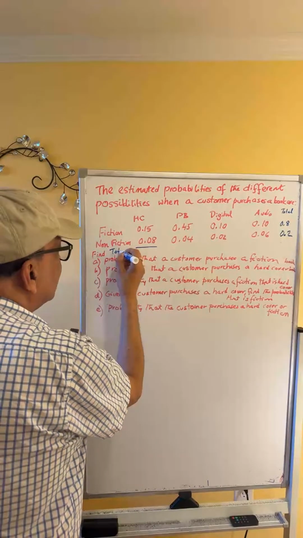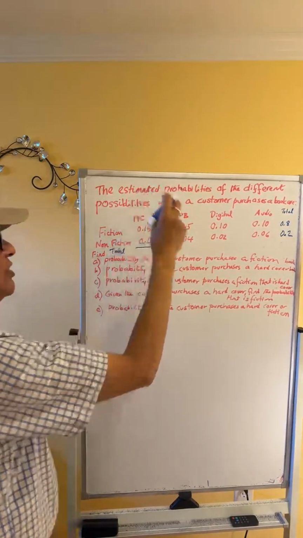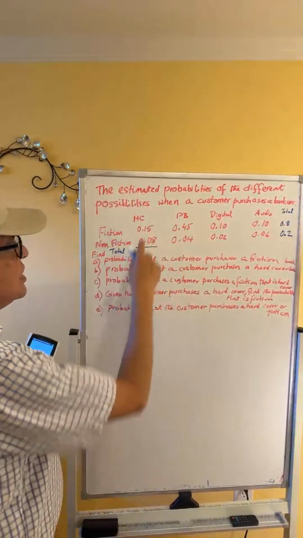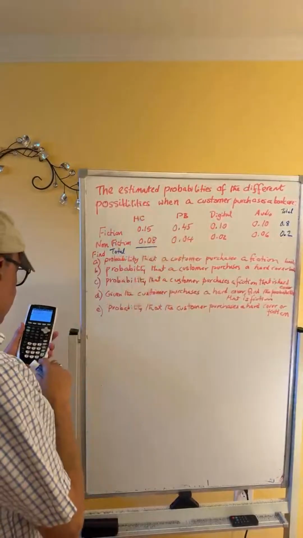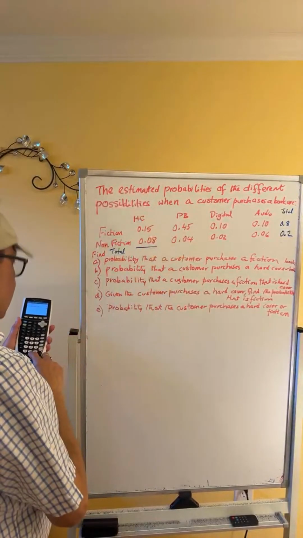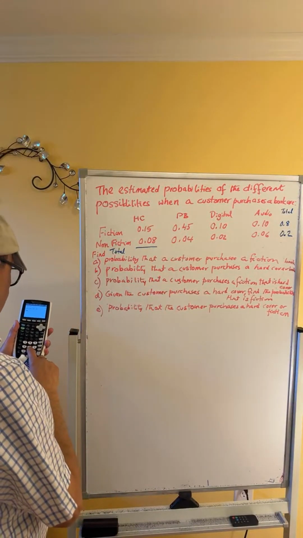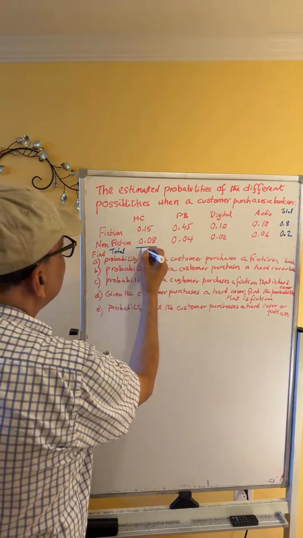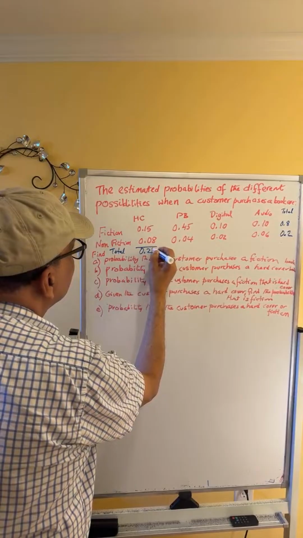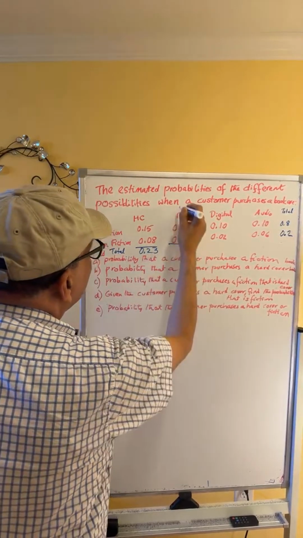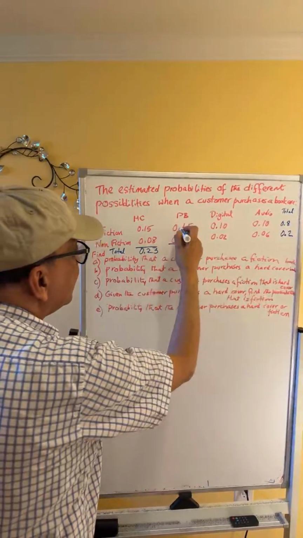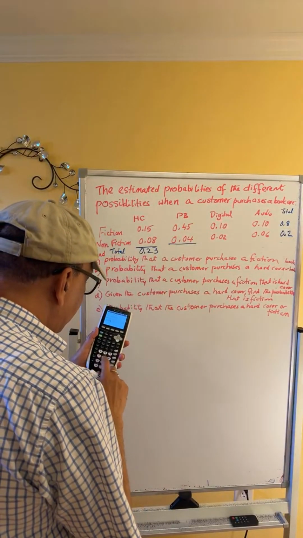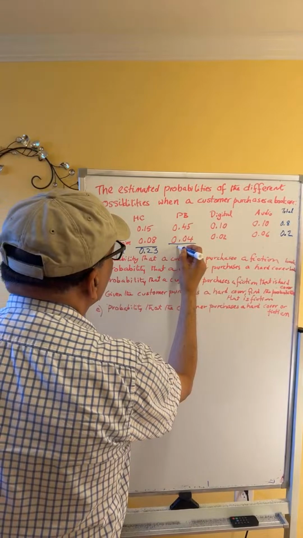Each column has two entries, one for fiction and one for non-fiction. The first one is 0.15 plus 0.08, and this is hardcover. So 0.15 plus 0.08 is 0.23.